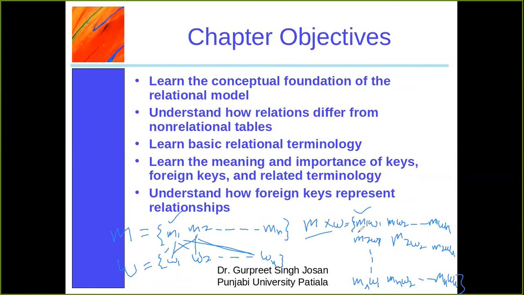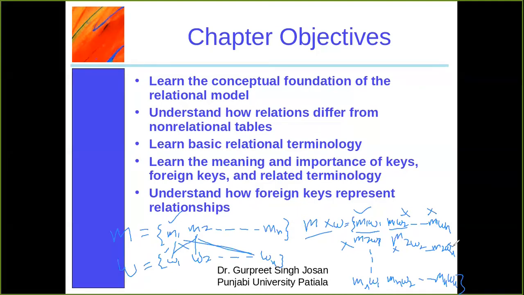If M1 is married to W1, then M1 cannot be married with W2 and so on. Similarly, if M2 is married with W3, then all other combinations are irrelevant. Got my point? One to one. From all these combinations, only a few will remain, which are valid as per the constraint.